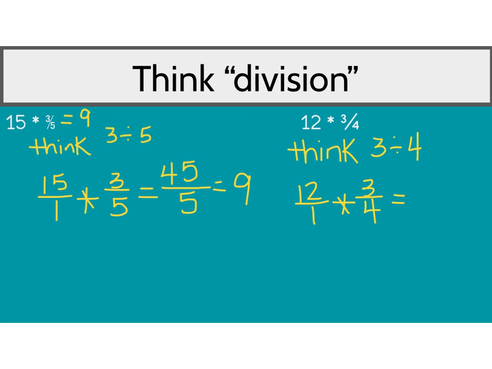So 12 times 3 is 36. And then 1 times 4 is 4. And again, we're thinking division. So that's going to be 36 divided by 4, which is equal to 9. So 12 times 3/4 equals 9.